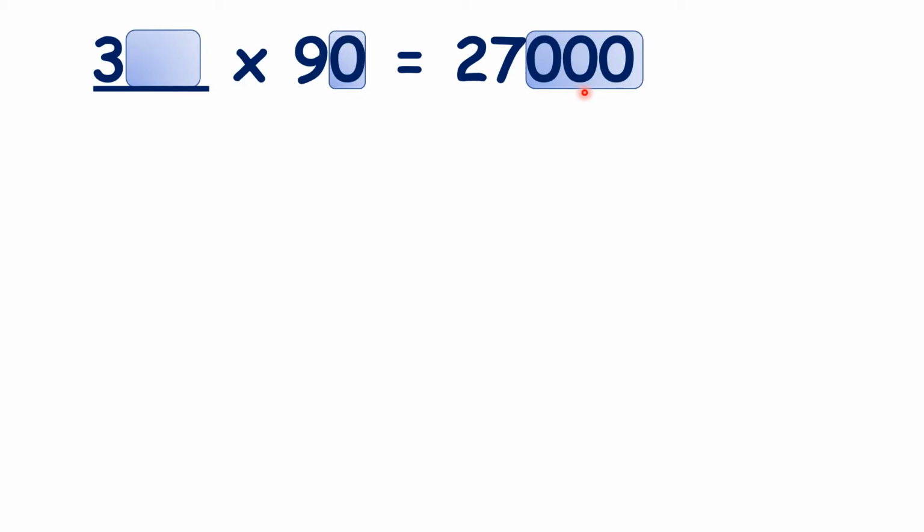There are 3 end zeros in the answer, but in our question, so far we only have 1 end zero, so we need 2 more. 300 times 90 equals 27,000, because 3 times 9 is 27, and then because there are 3 end zeros in our question, we have 3 end zeros in our answer.